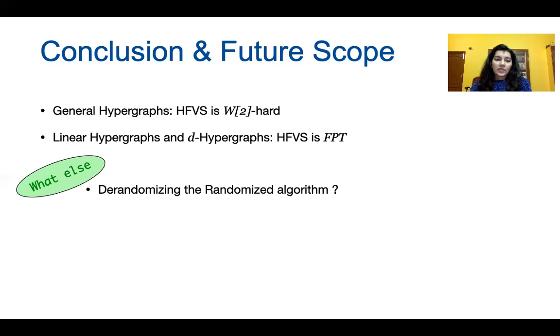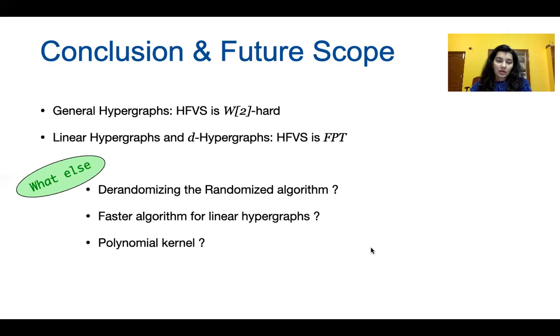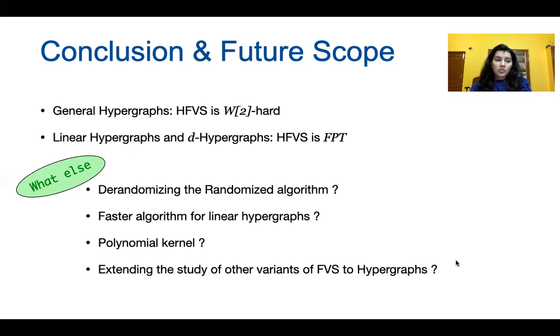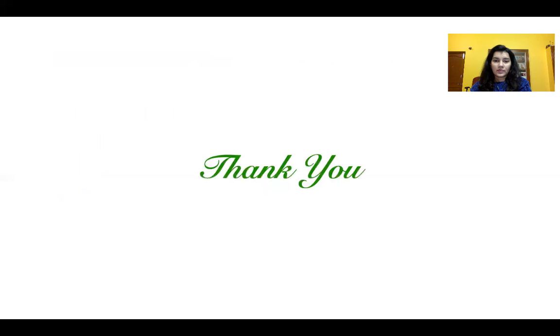What else can be done is we can explore de-randomizing the randomized algorithm, look for faster algorithms for linear hypergraphs, and the very interesting open problem of whether or not the problem admits a polynomial kernel, again for linear hypergraphs. And also we can look at a more generalized perspective of extending the study of other variants of FES to hypergraphs. Thank you, and that's it.